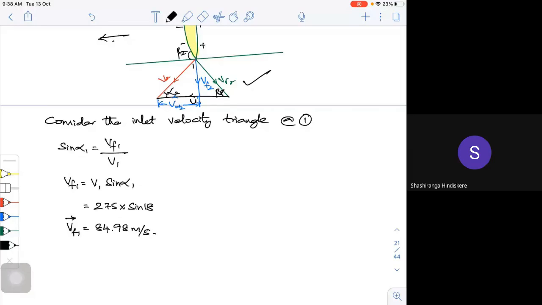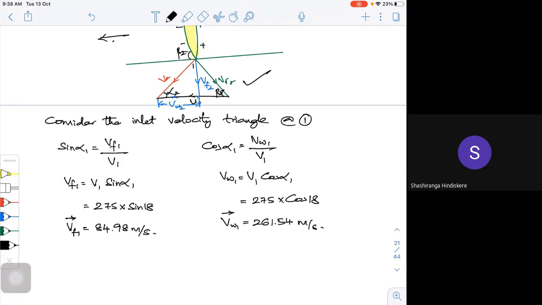Similarly, what is my cos alpha 1? It is Vw1 divided by V1, or Vw1 is equal to V1 cos alpha 1. If I substitute, it is 275 into cos 18. I am getting my Vw1 as 261.54 meters per second.